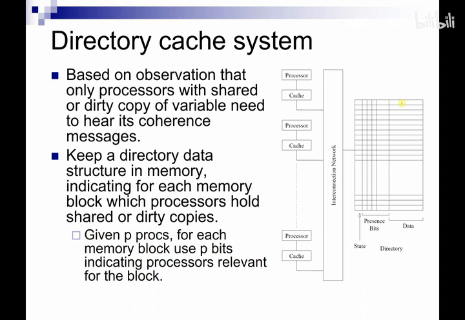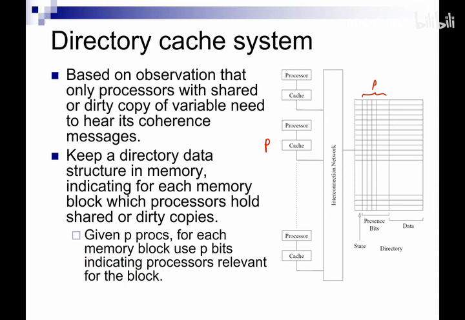Each of these rows is a different memory address, and for each of these memory addresses, we have these things called presence bits. If we have P processors, then we're going to have P presence bits, one bit for each processor.